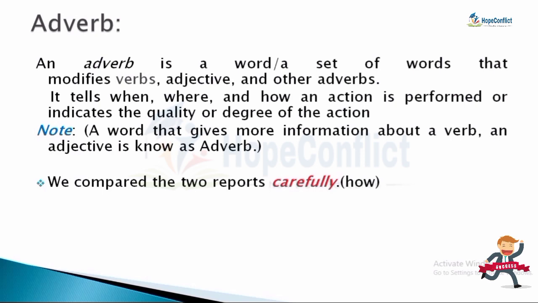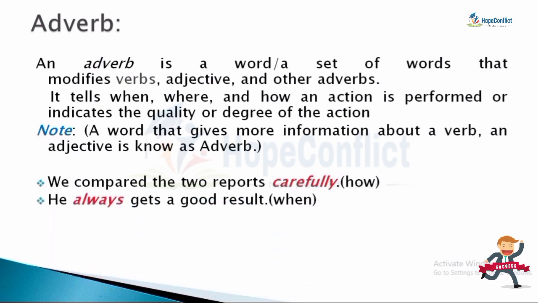So the question which we ask is how. As in the definition, it tells us when, where and how the action is performed. What we did, we compared. But how we compared, what question we asked is how. So here the answer is carefully. So in this sentence, what is your adverb? It is carefully.